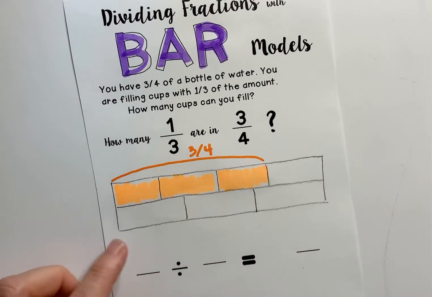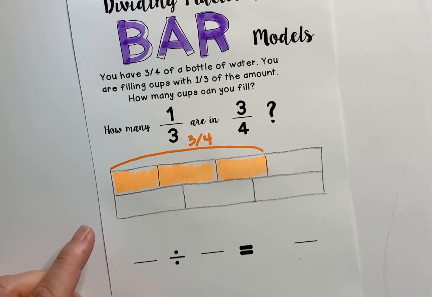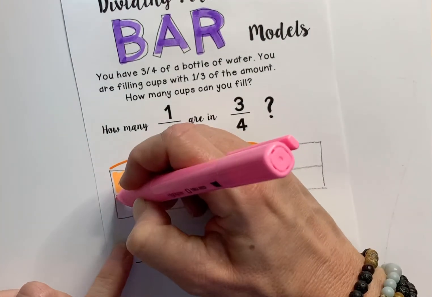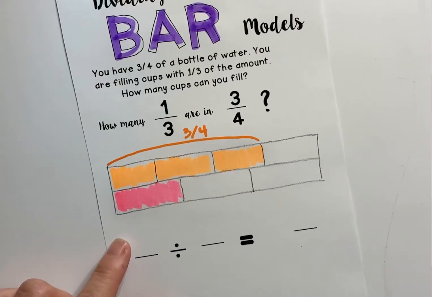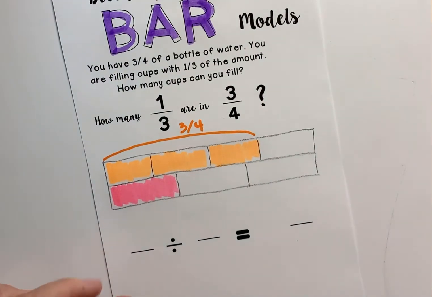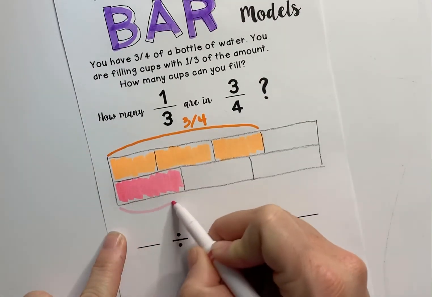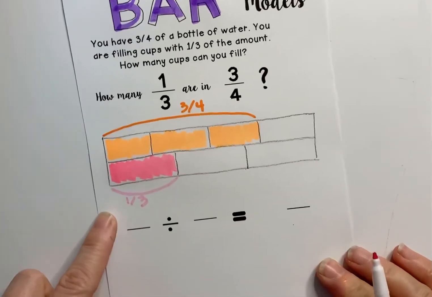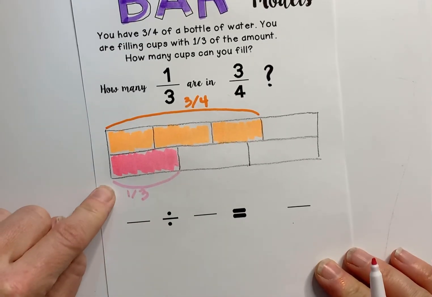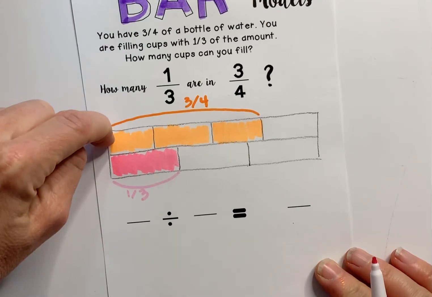Okay, so it's going to look like that. And I want to know how many of those size pieces can I get? Okay, so here we go. There's my 1/3.